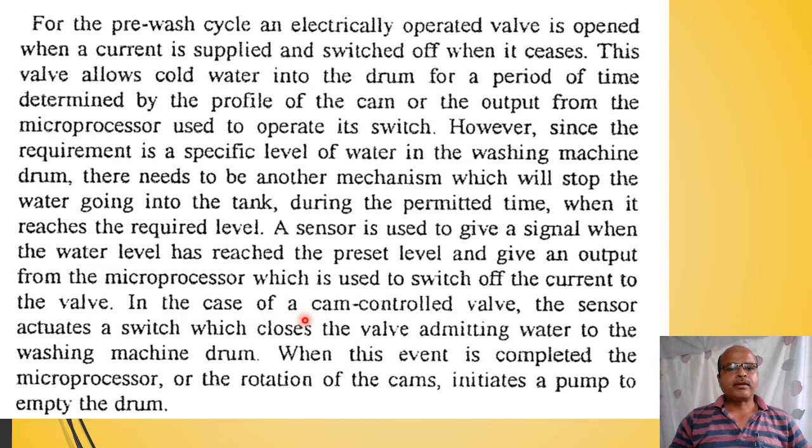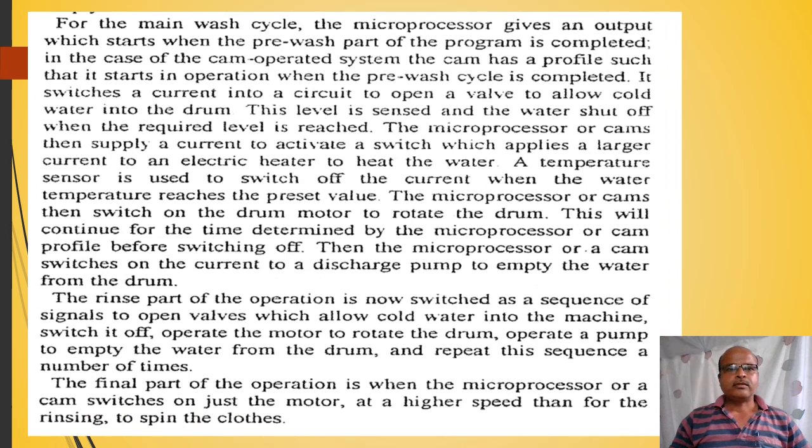In the case of cam control, the sensor activates a switch which closes the valve admitting water to the washing machine drum. So you can skip some part of that or we can take it in short.